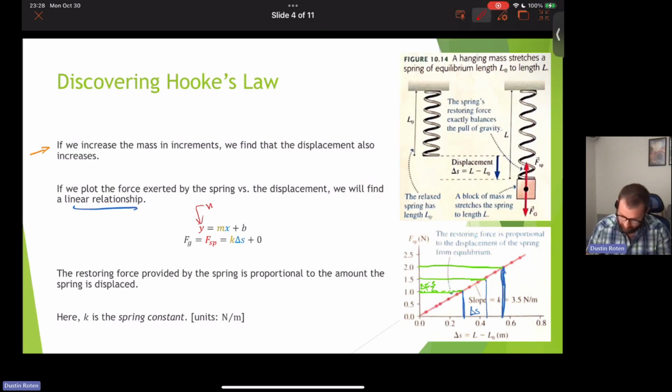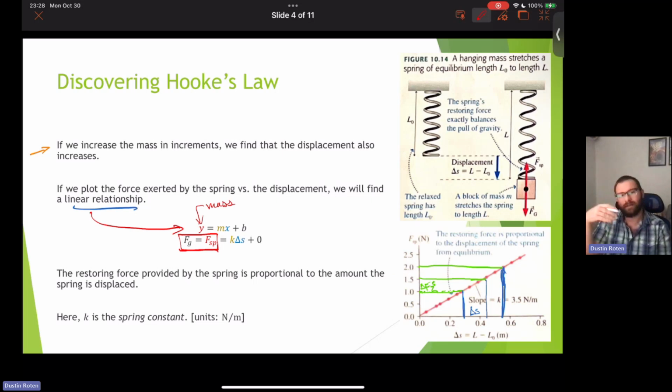You'll remember on the previous slide that the weight of the mass and the force of the spring pulling up are equal and opposite, so I've got that included here. That corresponds to our y in the y equals mx plus b linear relationship.